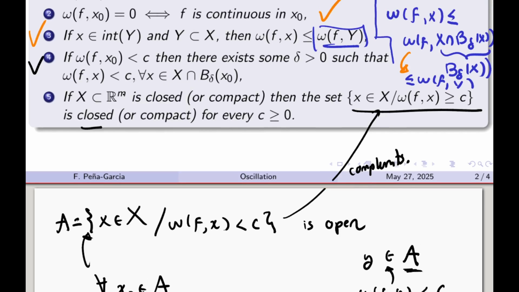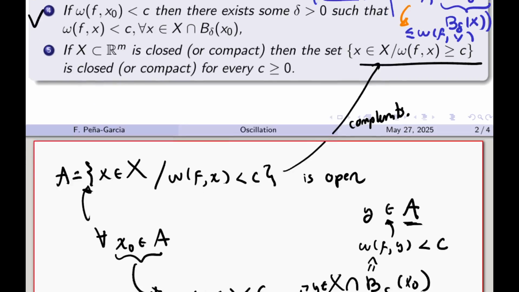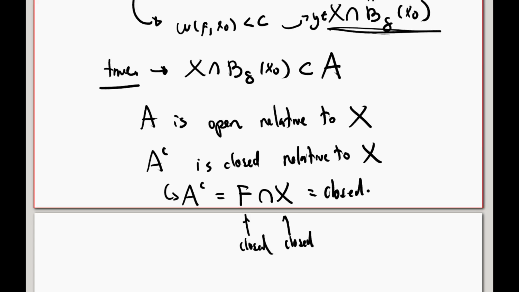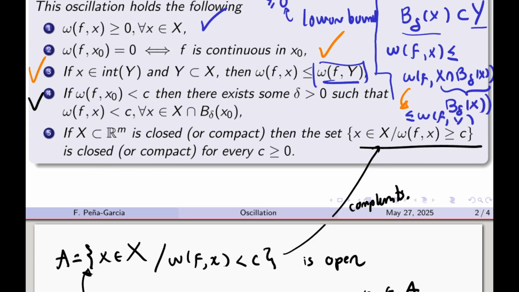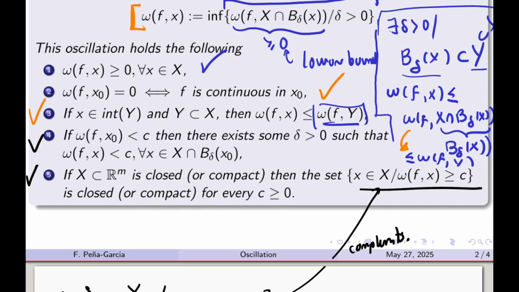And if X is also compact, and that means it's closed and bounded, then this is a subset of X, so it will also be bounded and it will be compact. So that's the reason. This is a fairly nice argument of general topology, and that will conclude our final proof.